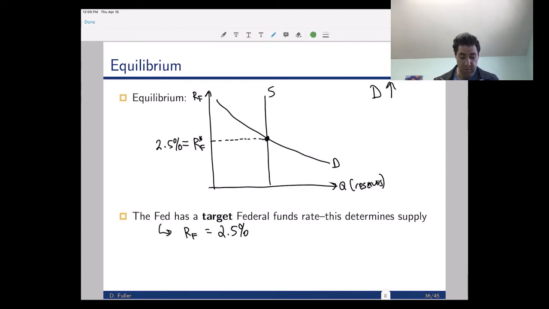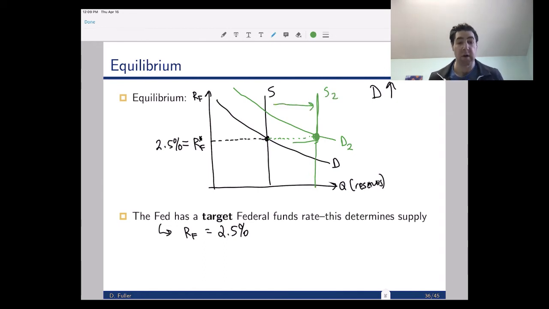So what happens when demand for reserves increases? Well, if the Fed did nothing, demand increased, the interest rate would simply go up. There wouldn't be any more reserves in the system, which would mean that effectively banks are unable to increase the amount of loans they make. So since the Fed is trying to keep their target interest rate, if demand increases, the Federal Reserve Bank is simply going to increase the supply in order to keep the interest rate fixed at 2.5%.